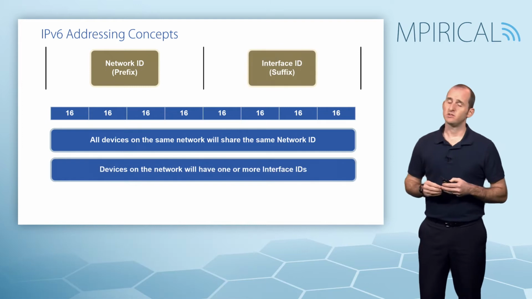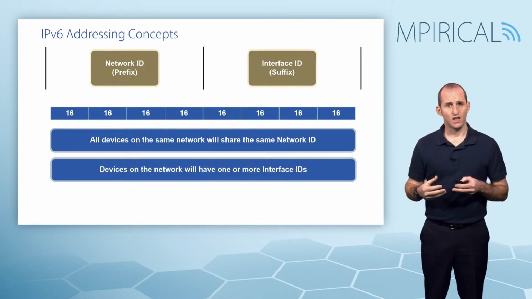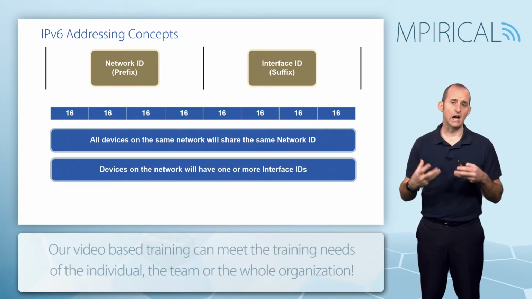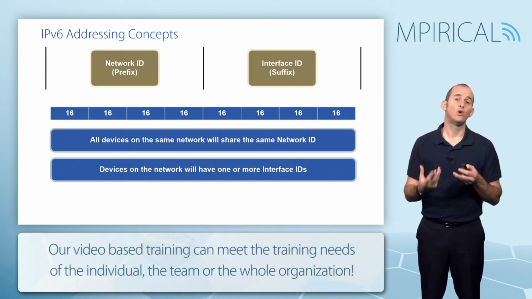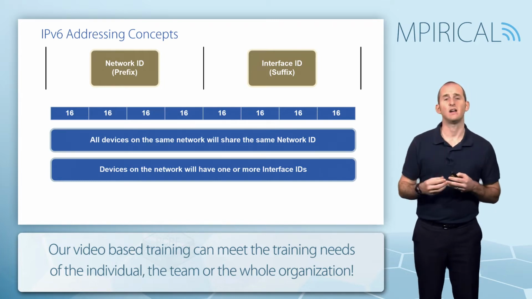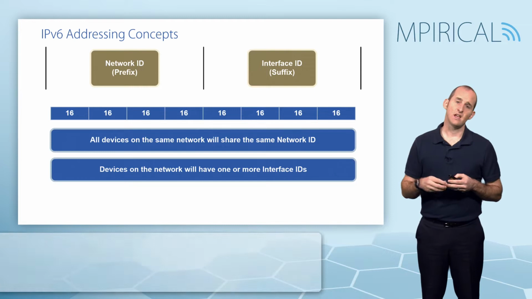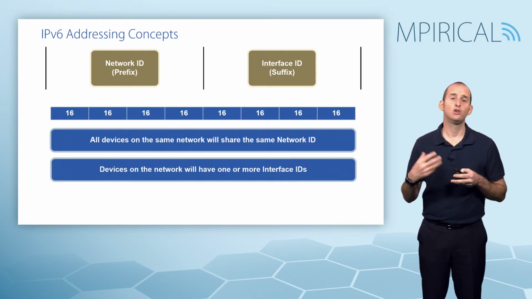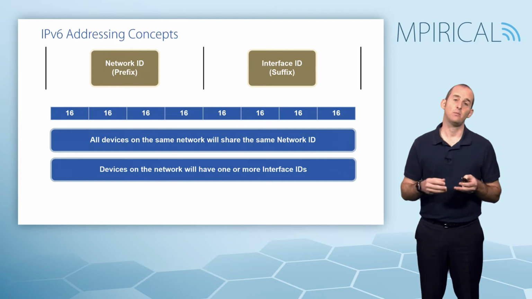The other element of the address is the interface ID, and this is different to IPv4. In IPv4, we have the host ID. Well, in IPv6, it's been recognized that an individual device may actually have several different interfaces. It may be what is called multi-homed. So each interface could potentially have a separate IP address.